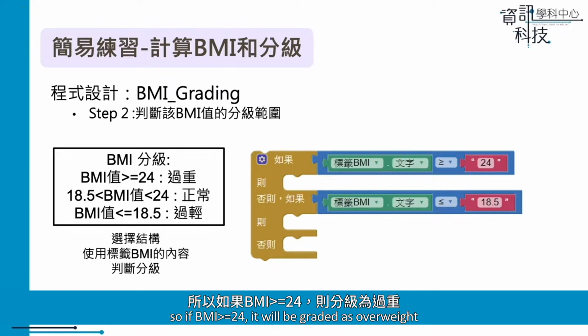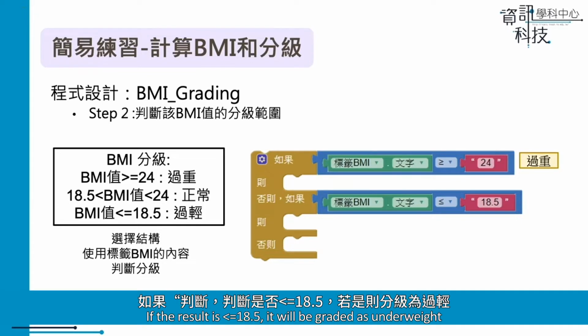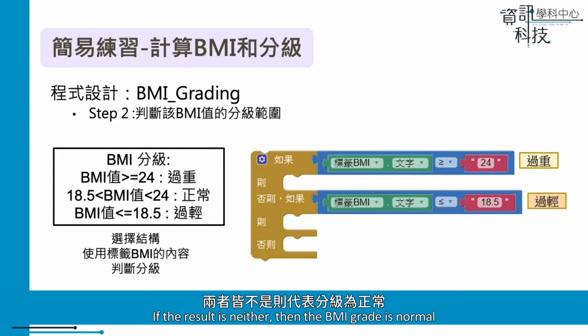So, if BMI is greater or equal to 24, it will be graded as overweight. If it is not greater than or equal to 24, the next else if will be executed. If the result is less than or equal to 18.5, it will be graded as underweight. If the result is neither, then the BMI grade is normal.